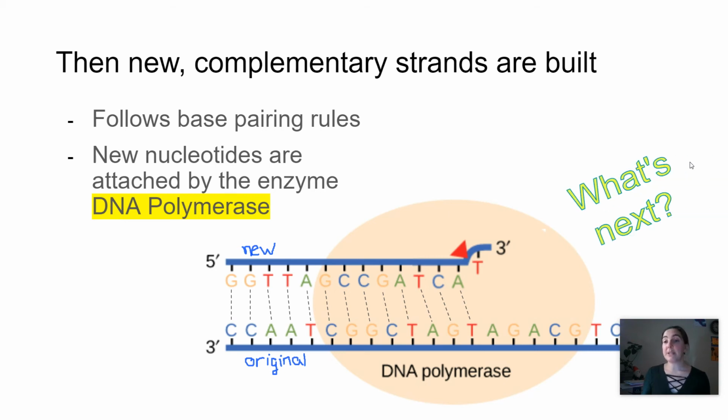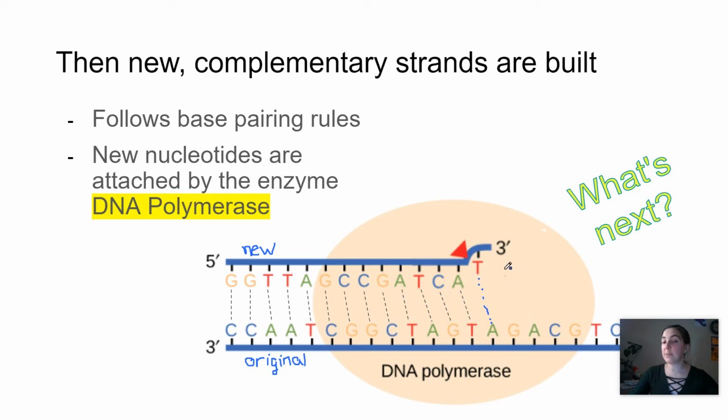The cool thing about DNA is if you know one side of the strand, you can build the next. These new bases are being added following those base pairing rules, and then they form a hydrogen bond right across here. You can probably predict what would be the next new nucleotide that would be attached right here. What base would it have?